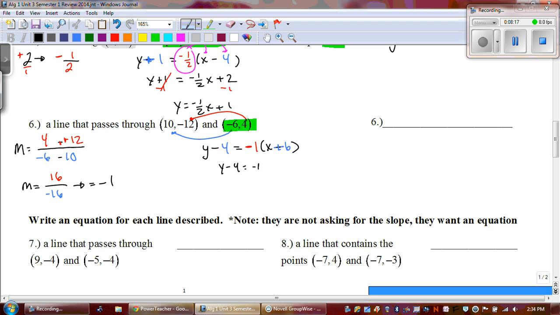You get negative 1x minus 6. And then we have to add the 4 to both sides. And we get y equals negative 1x minus 2. And remember, when you write your final answer, you do not have to put that one there. So y equals negative x minus 2.